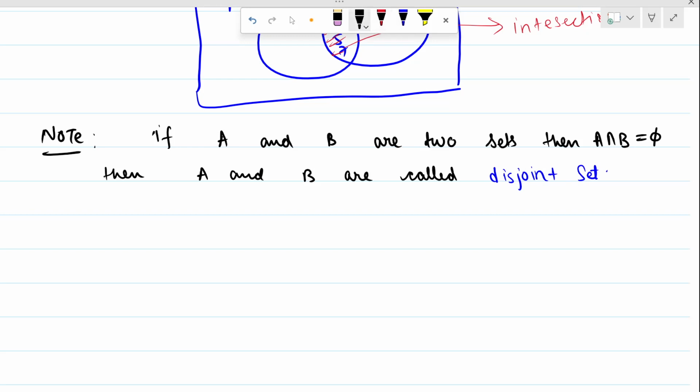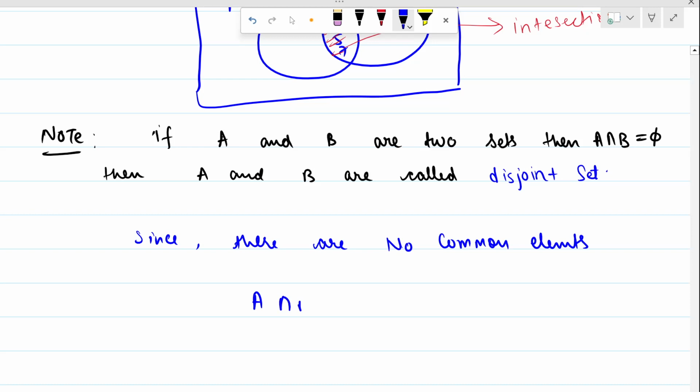Since there are no common elements, A intersection B is the null set, equal to phi.